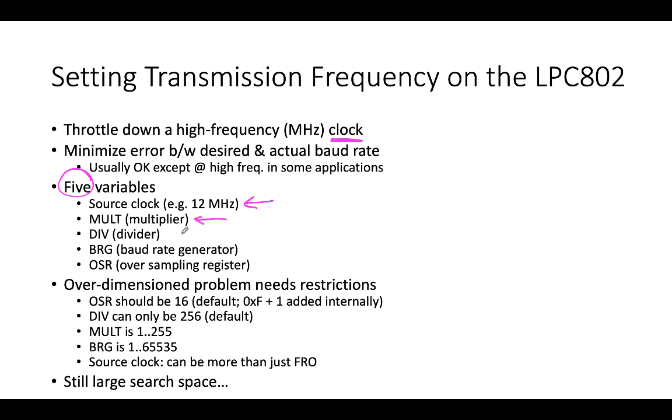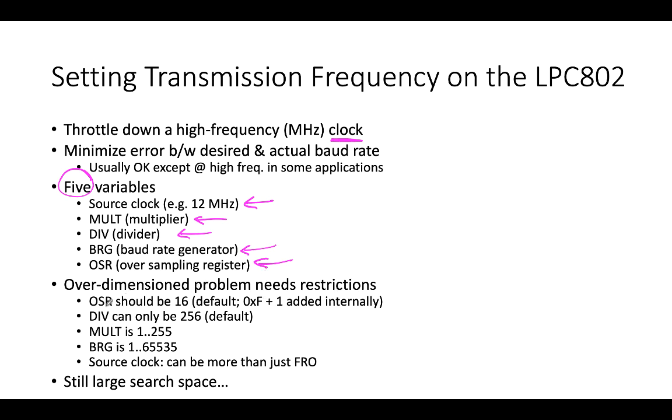There's a multiplication one, there's a dividing one, then there's another register called the baud rate generator, which has another number in it, and then there's the oversampling register. Each has a different meaning and reason for its existence, but they all come together into a single equation, and you need to search out these 5 values to get the end result, which is the rate at which you want to transmit data.